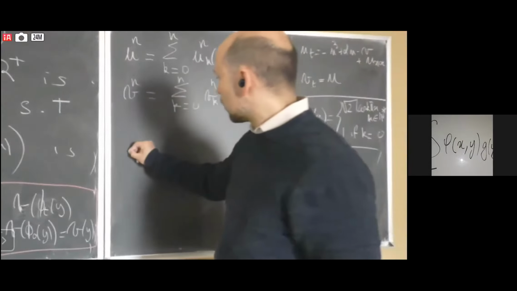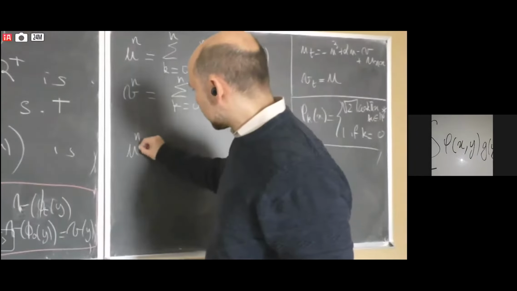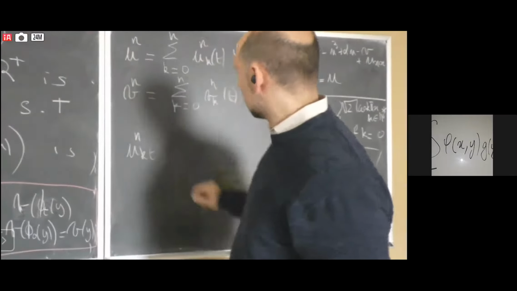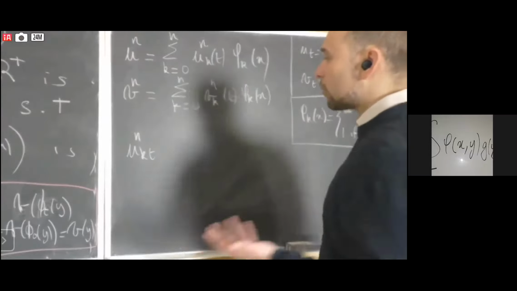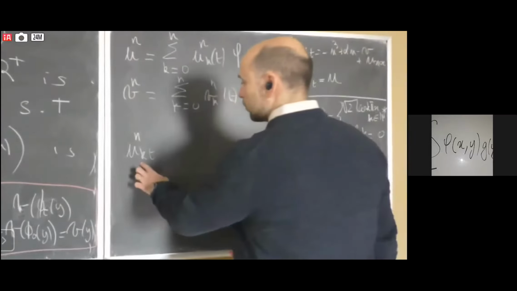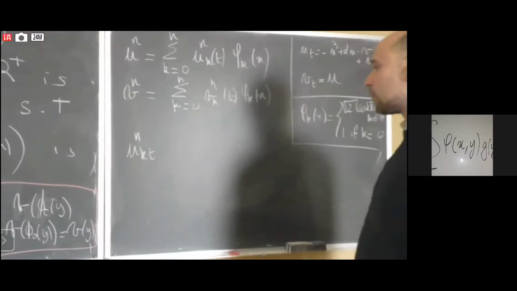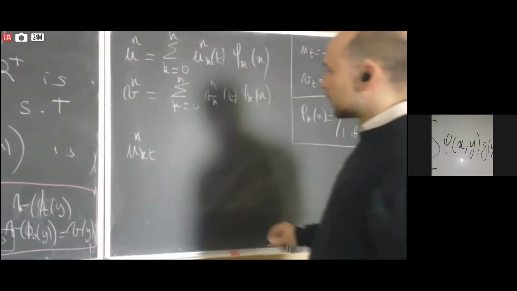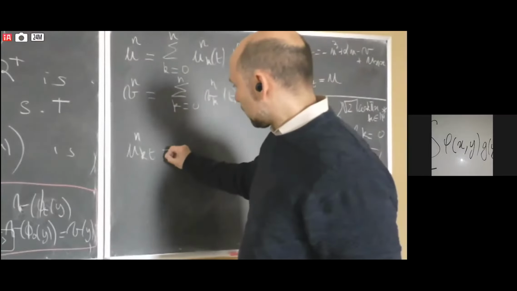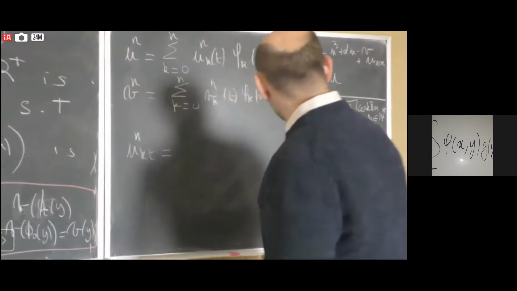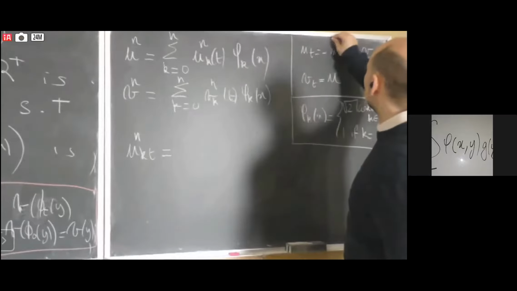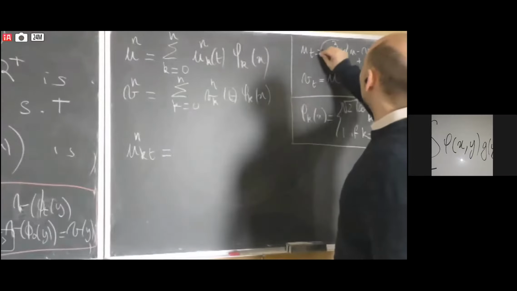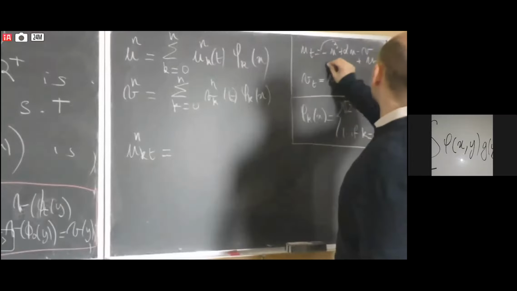So u_{n,k}(t) is a function only of t, and I want them to be solutions of the following ODE. I will call all this term f of u.